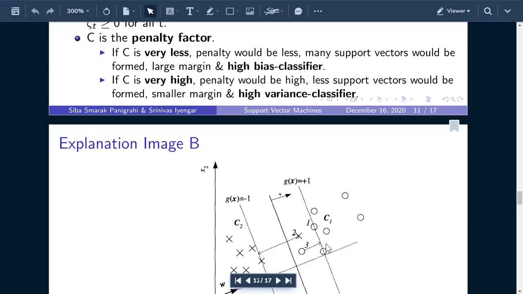The margin would come close to each other so that very few examples are misclassified. So if C is very less, the margins can be far apart, no problem, because of less penalty. But if C is very high, the margins will try to come close to each other so that the total penalty is going to be small.